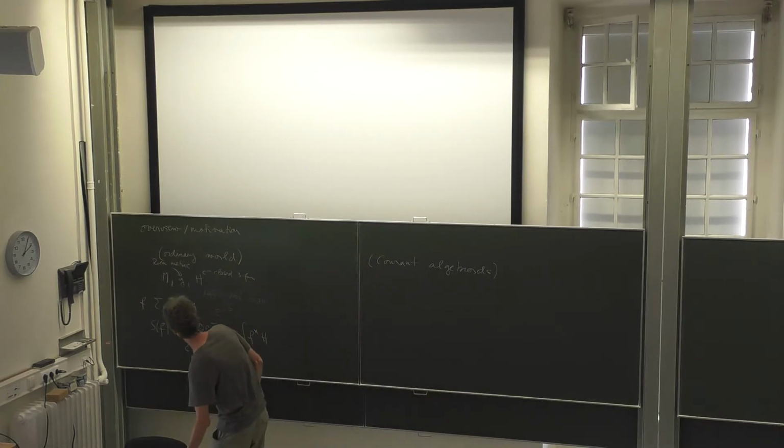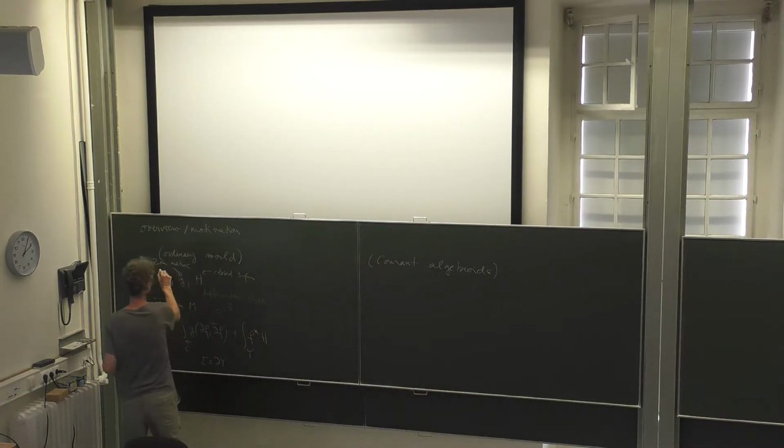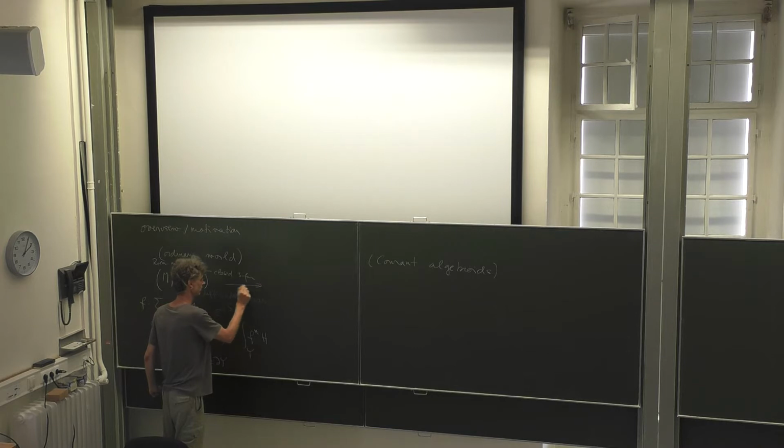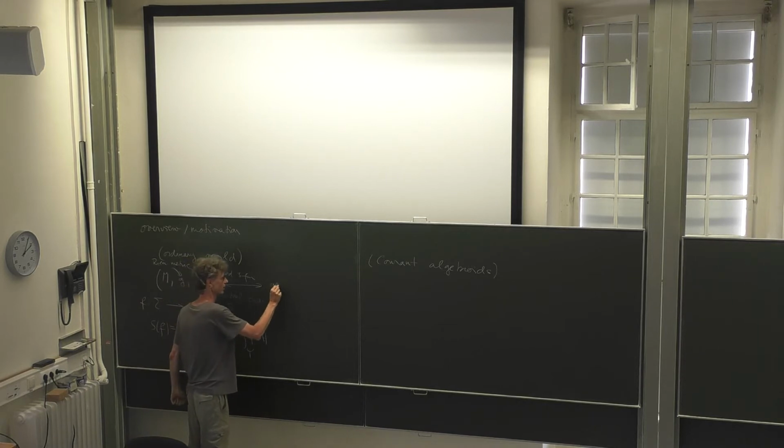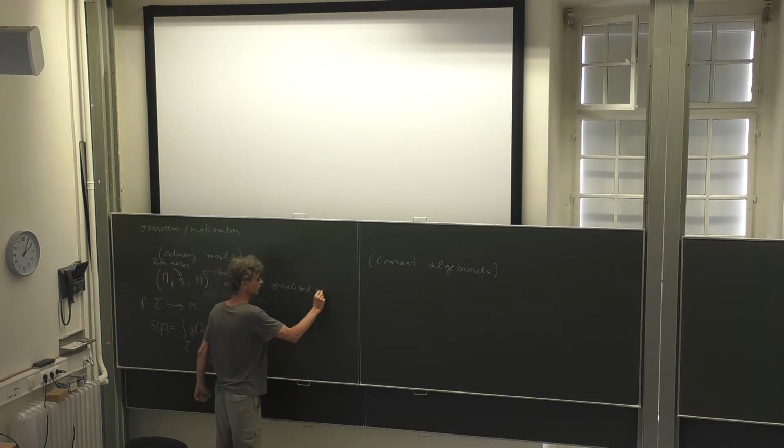So for one thing, already this triple, this data, can be equivalently phrased as a generalized metric in an exact Courant algebroid.